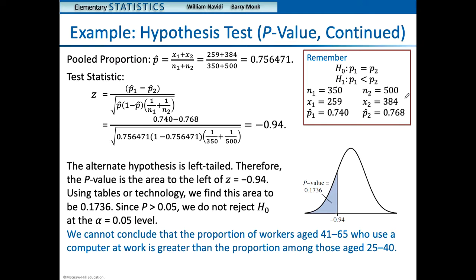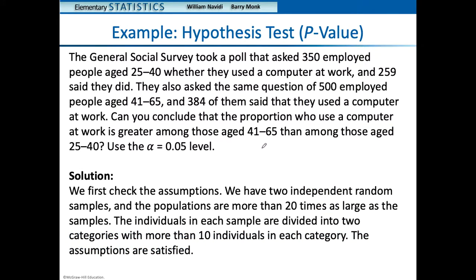One thing to be careful of is setting up the alternate hypothesis correctly, right? You'll notice that it's set up as a left-tailed test, and that might be a little counterintuitive, right? Because in the problem description, we do see the word greater appear right there, and usually, most of the time when we've seen a word that suggests a greater or an increase, that has typically corresponded to a right-tailed test.